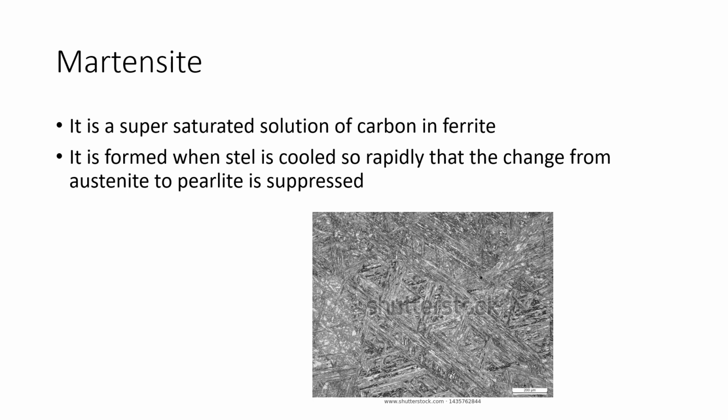Martensite forms during quenching when the face-centered cubic lattice of austenite is distorted into the body-centered tetragonal structure without the loss of its contained carbon atoms into cementite and ferrite. Simply, it is a BCT form of iron in which some carbon is dissolved. It forms during the quenching process.